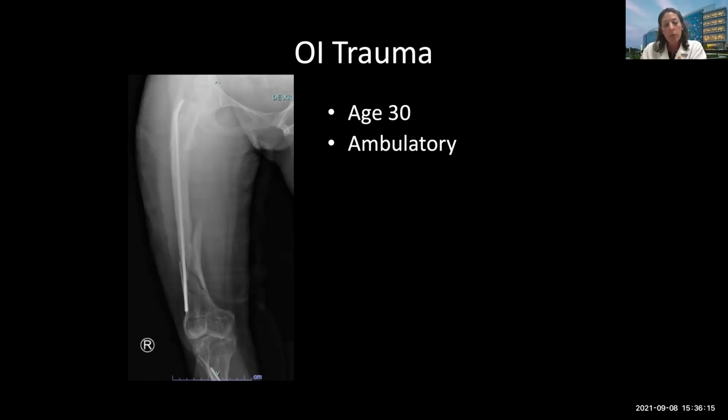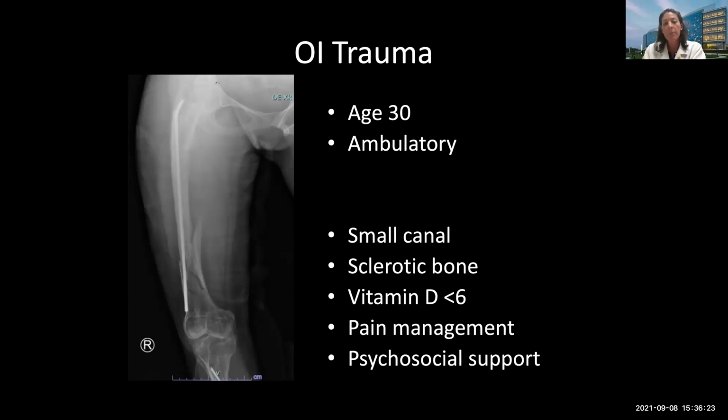So when we look at it, we're used to looking through the lens of OI bone, but what are the challenges here? Well, the canal is very small. This is only a 4 millimeter rod that's in the femur. And to give you an example, most adult trauma nails or even pediatric femur trauma nails that you'd use once done growing really start at about 8 or 8.5 millimeters.